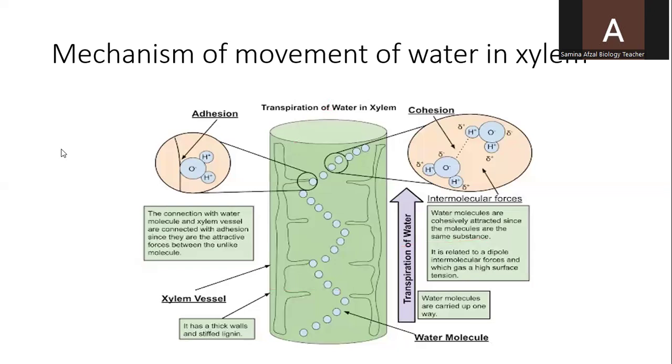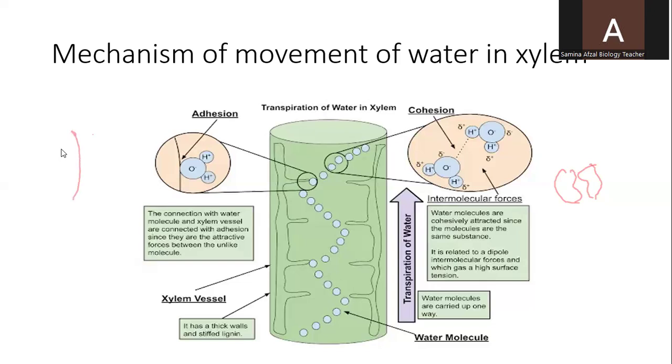When water evaporates into the air, the cell next to it will have higher water potential than the guard cells. So they will try to pull the water from the next cell, and then that cell from the cells which are present behind it. In this way, a pull is created.